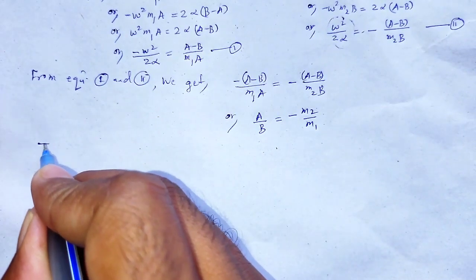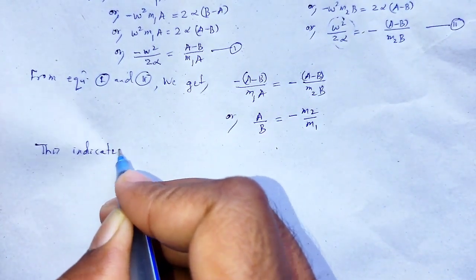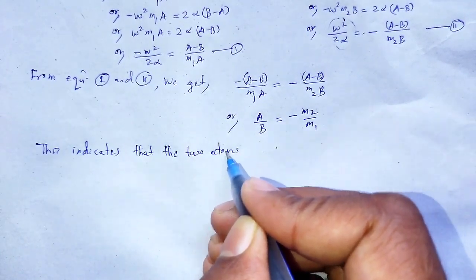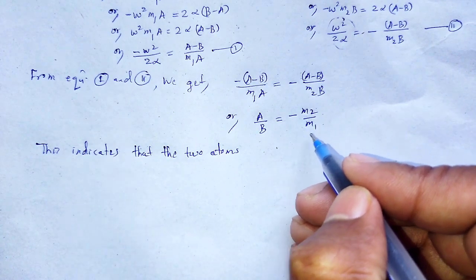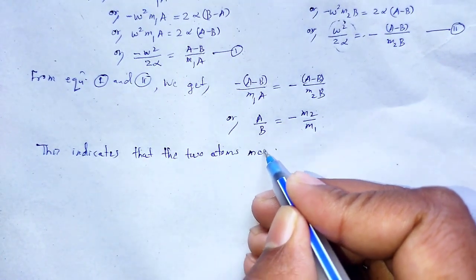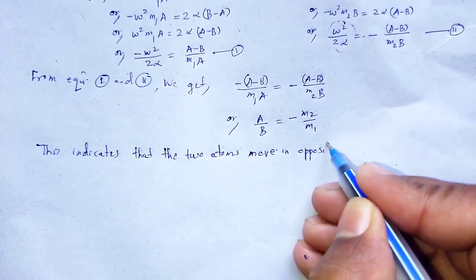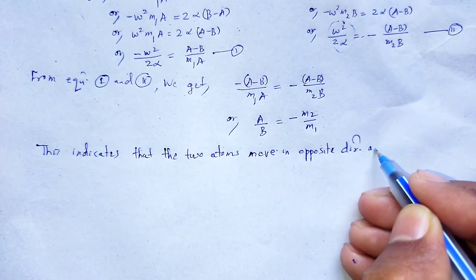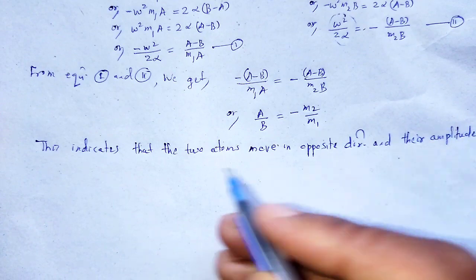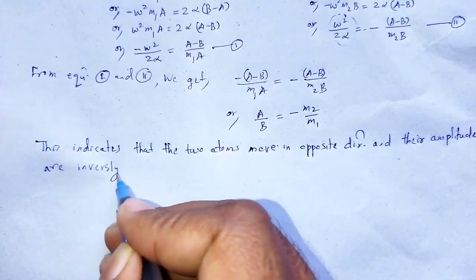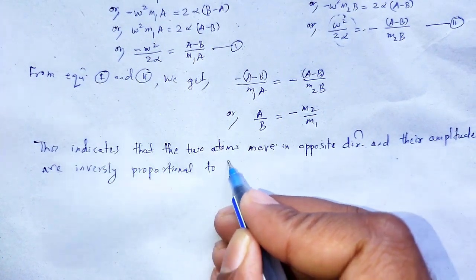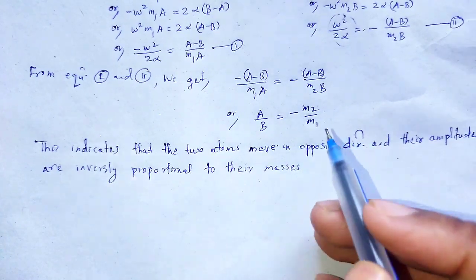This indicates that the two atoms in the diatomic case, one having mass m1, another having mass m2, whereas the mass of m2 is greater than the mass of m1, the two atoms move in opposite direction and their amplitudes are inversely proportional to their masses, as is shown in that equation.